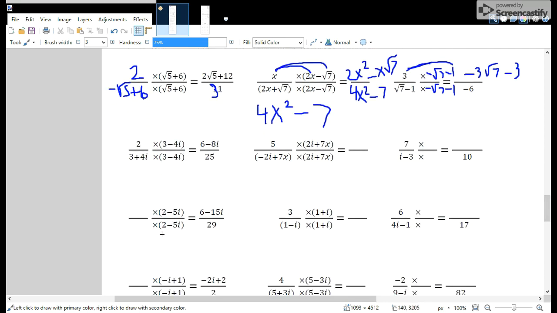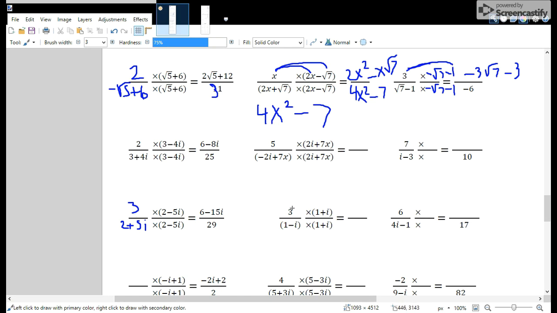This one. The conjugate of 2 minus 5i is going to be 2 plus 5i. 2 times 3 is 6. And 3 times negative 5i is negative 15i.